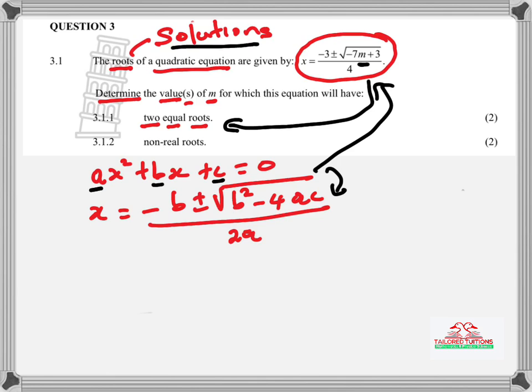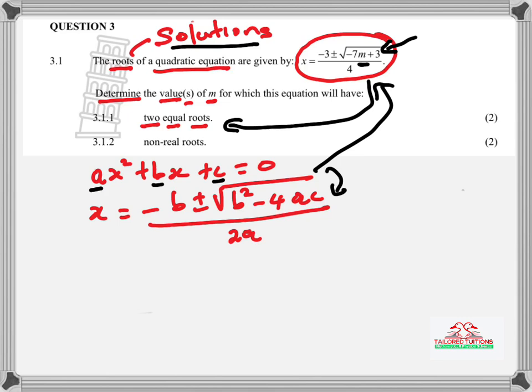Now this is a broad topic, but I'm just going to concentrate on this question that is in front of us right now. So now what is important is to see that the value of m that we want to solve is here. Why is it there?